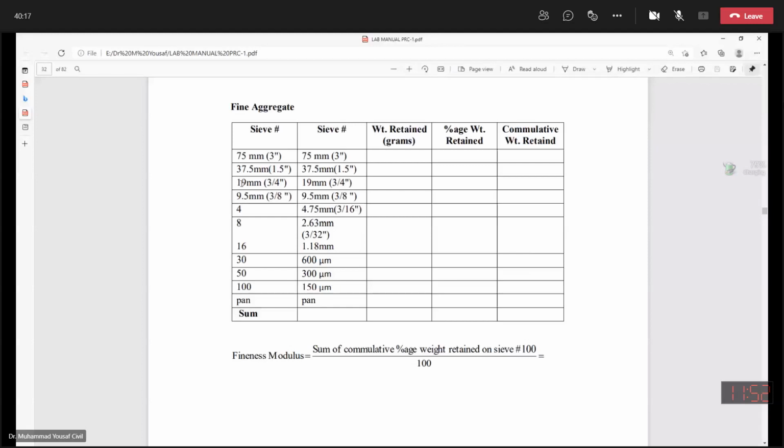And if it is fine material, then certainly it will be passing through these other sieves.